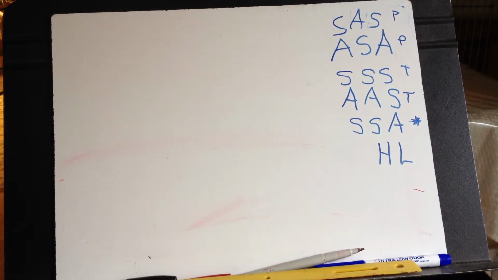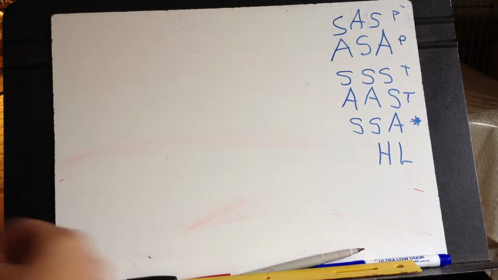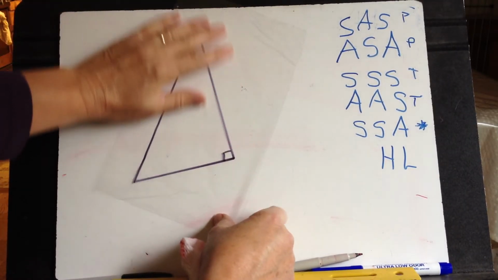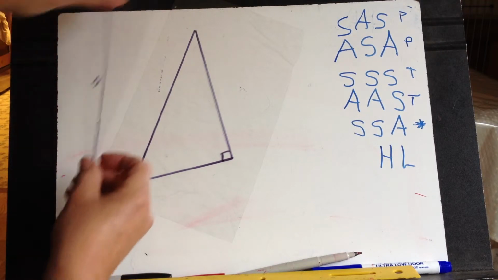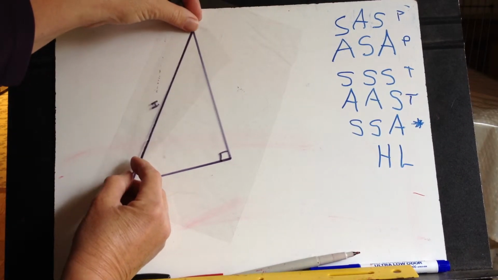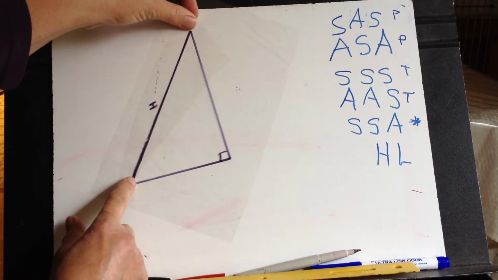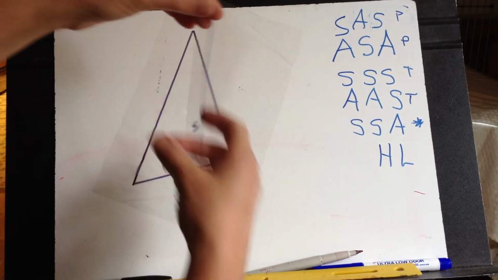Here is my given right triangle. It's got a right angle indicated there. This piece should match the hypotenuse. It is the same length as the hypotenuse.